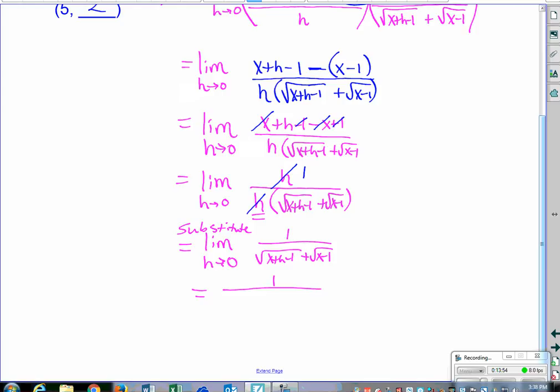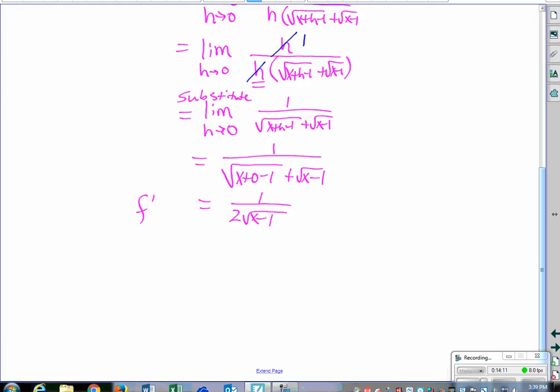I'm going to get 1 over square root of x plus 0 minus 1 plus square root of x minus 1. Well, that makes those two terms identical, and I have two identical terms. So here is my answer. I get f prime of x equals the general form of the derivative.